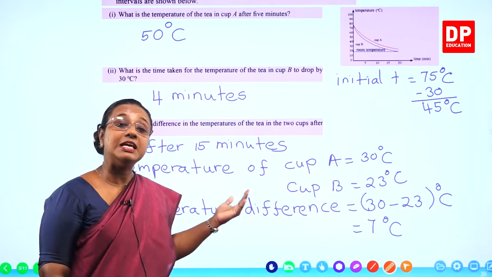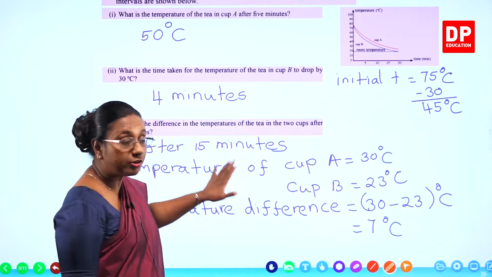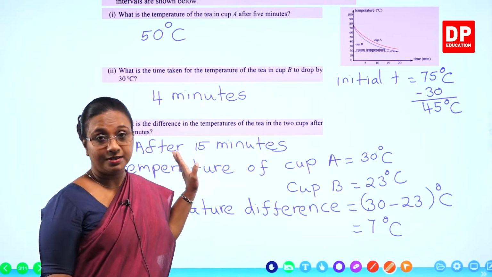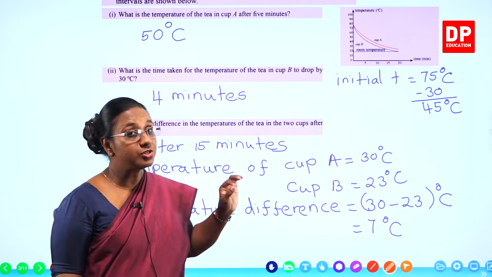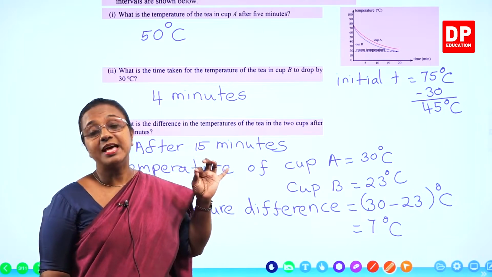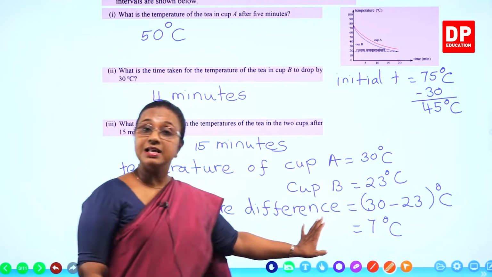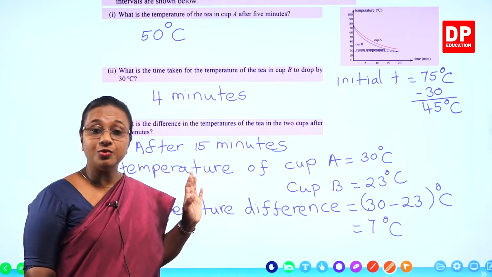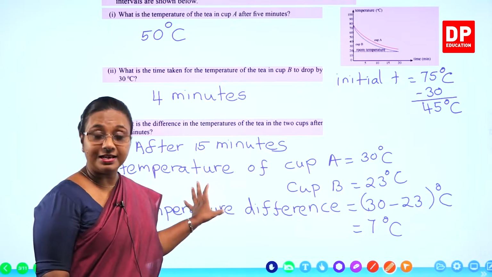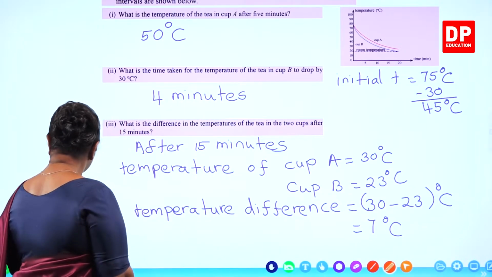So, it will be easy for you to identify the values. Here, according to what I have marked, I didn't exactly count the points and mark the temperatures. So, this might slightly differ. But as long as you understand the concept, that is correct. Then we will move on to the next question.